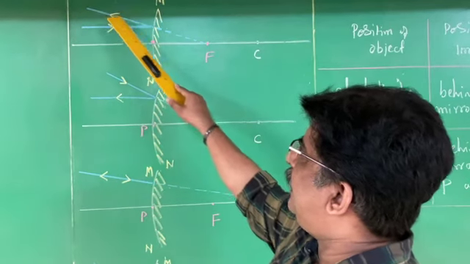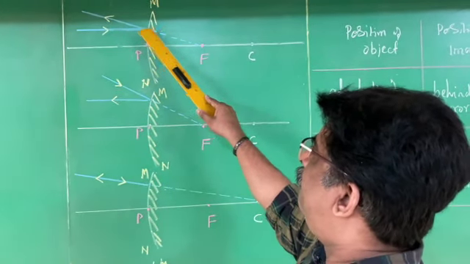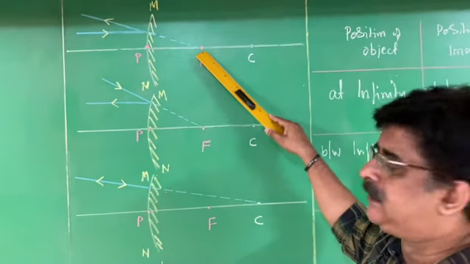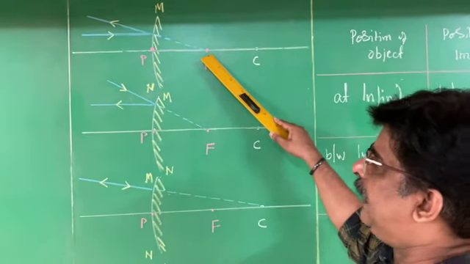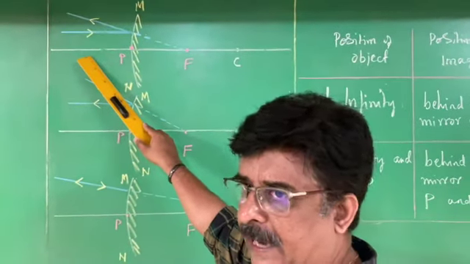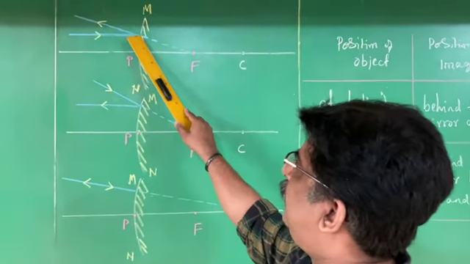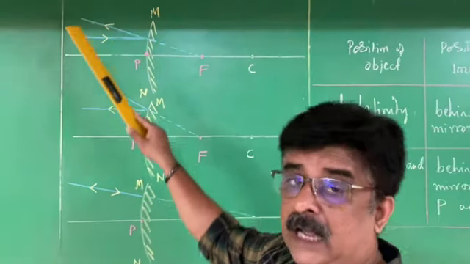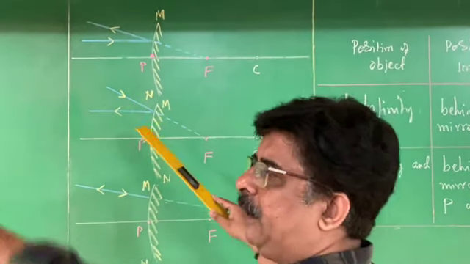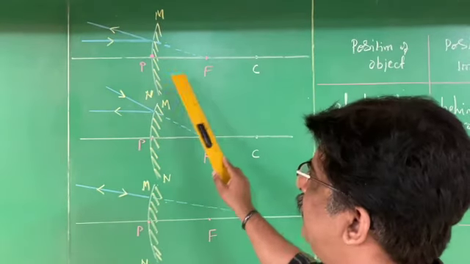When you extend the divergent beam behind the mirror, it passes through the principal focus. Therefore, the ray of light which is parallel to the principal axis appears to diverge from the principal focus. It looks like it is diverging from the principal focus. That is the first condition.